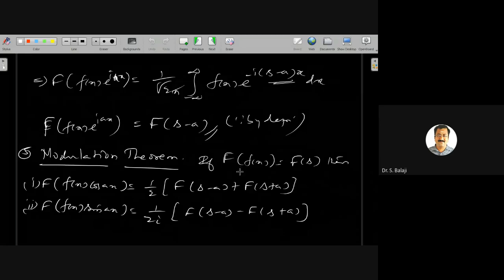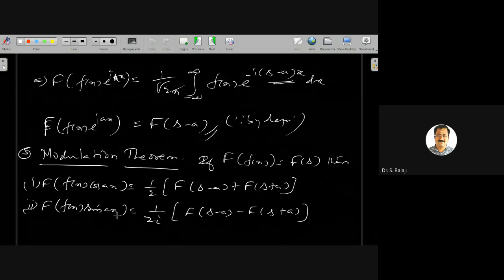Modulation theorem. If the Fourier transform of f of x equals F of s, then, first subdivision, the Fourier transform of f of x cos ax, where cosine is multiplied, equals 1 by 2 of F of s minus a plus F of s plus a.